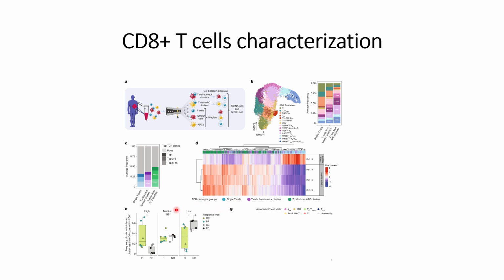And thereafter they also overlapped the clustered T cells data with the T cells data available from the patients, and they were able to see that the overlap is higher in the case where patients show a high response towards tumor infiltrating lymphocyte therapy, as can be seen in this panel A, whereas the overlap is low in the case where patients experience less response towards tumor infiltrating lymphocyte therapy. The patients can be divided into three categories: the top 30 clusters, the medium 30 clusters, and the low 30 clusters.